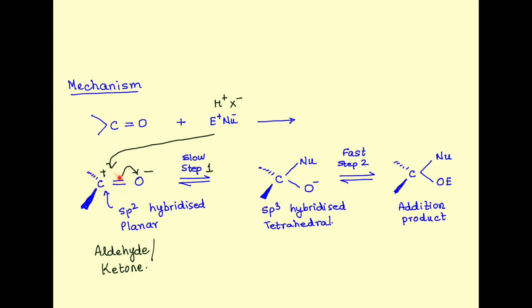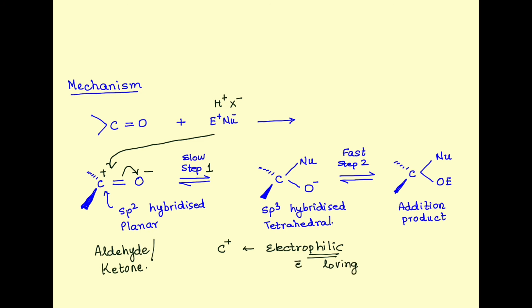Carbon over here is carrying a positive charge. In other words, the carbon here is electrophilic. C positive becomes electron loving. Electrophilic. Philic is loving and electron. So it becomes electron loving.